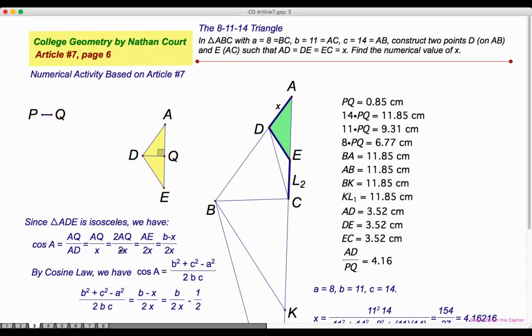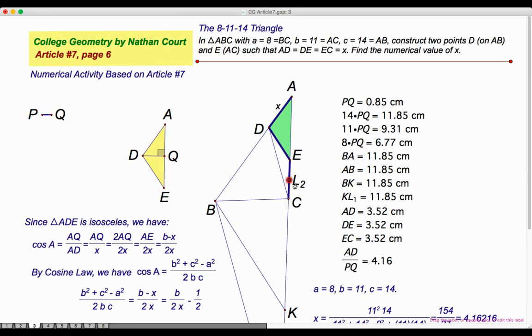Or if I double it, double AQ and double the denominator, we have 2AQ over 2x is equal to AE over 2x. But AE is actually the length of b minus x.